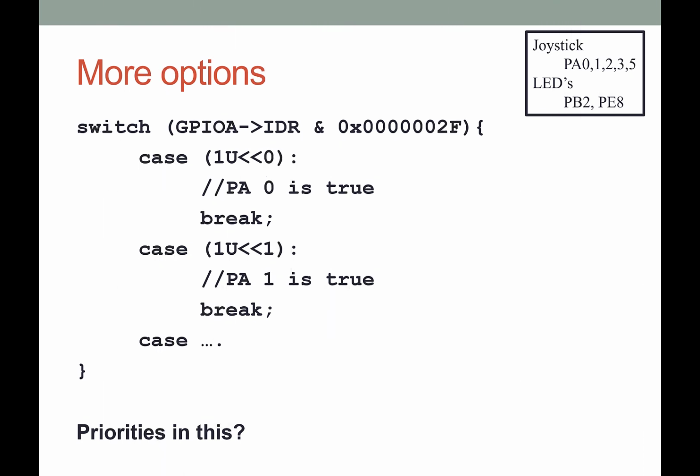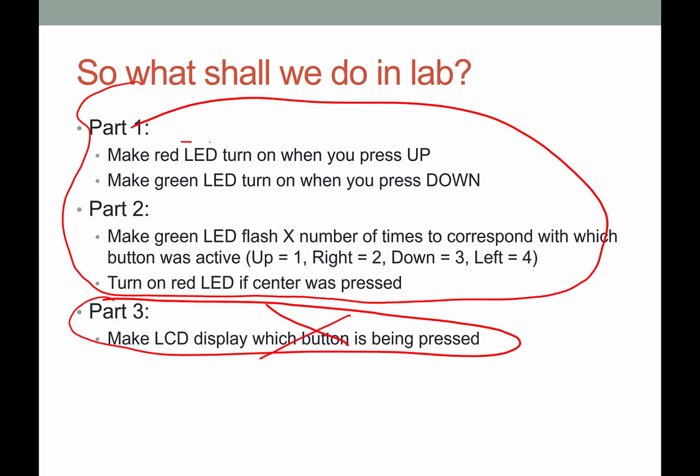Let's look at one more option of actually generating these different if-else kind of statements, and that is with the switch statement. Let's look at what's going on here with a switch statement.